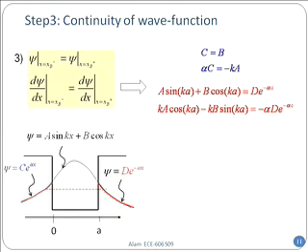For example, the first red equation on the top is evaluated at x equals a, and at x equals a, the wave function is A sine ka plus B cosine ka, right? These two terms must be equal to D e to the power alpha a, because you are evaluating at a. And similarly for the derivative boundary condition.